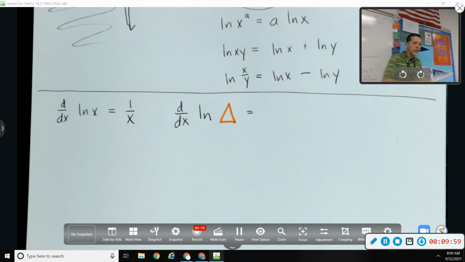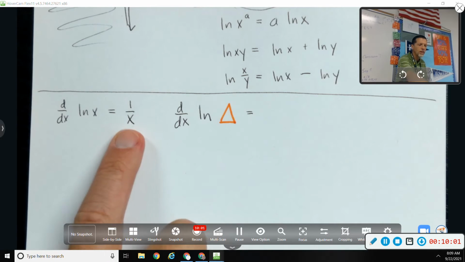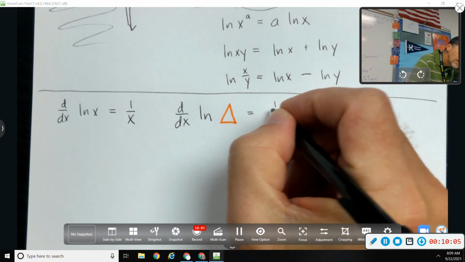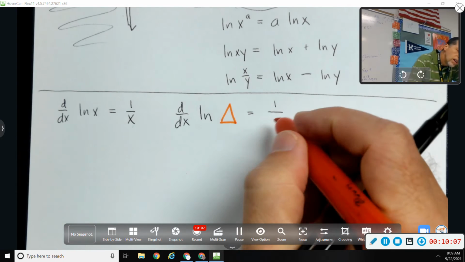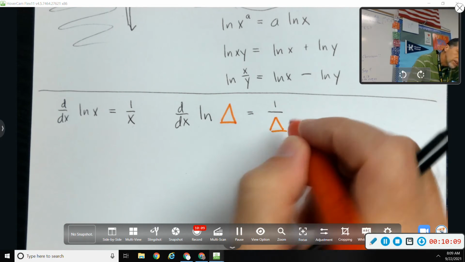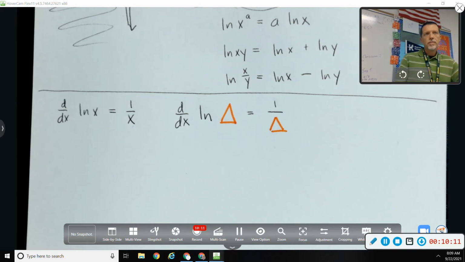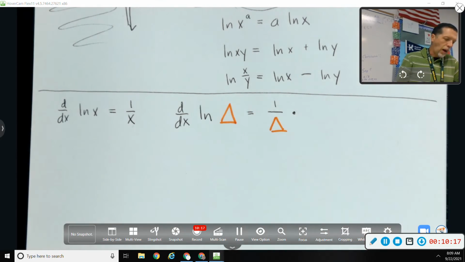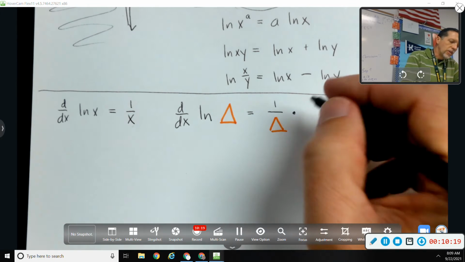So let's follow the rule here. It's 1 over whatever we're taking the log of. So 1 over the orange triangle. But then the chain rule means we need to multiply by the derivative of the orange triangle.